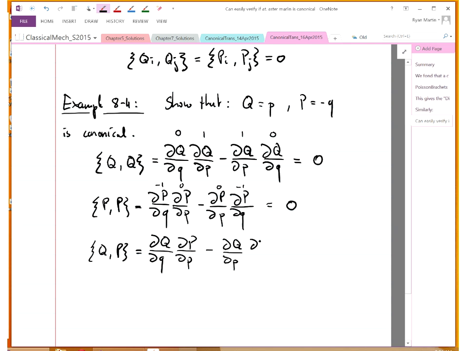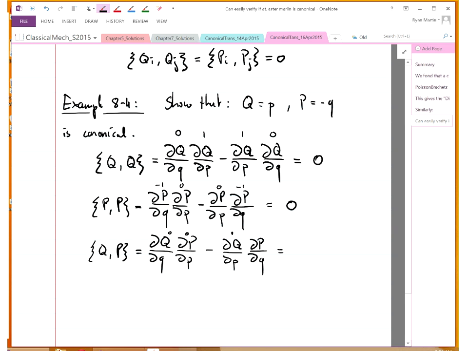And the third one I need to check is capital Q with capital P. ∂Q/∂q ∂P/∂p, minus ∂Q/∂p ∂P/∂q. So the first term, ∂Q/∂q is 0, because capital Q doesn't depend on lowercase q.